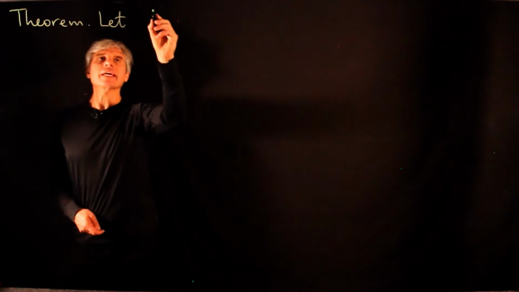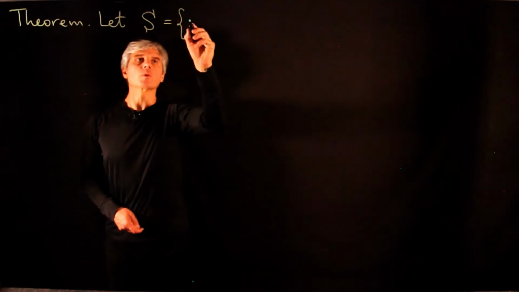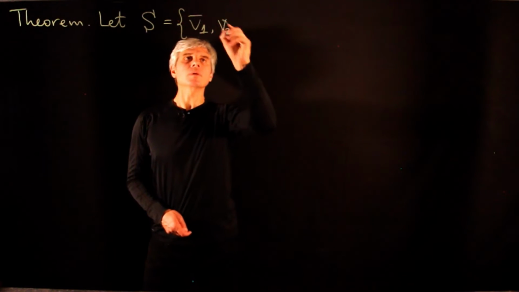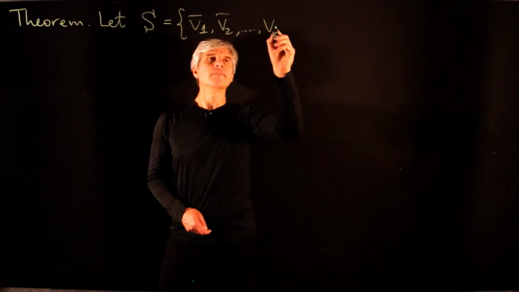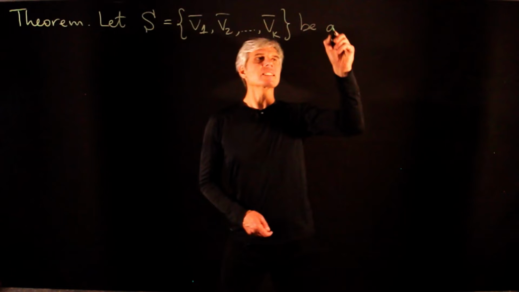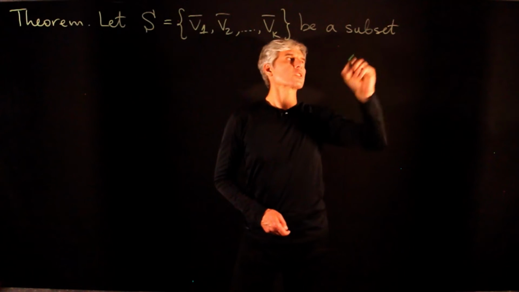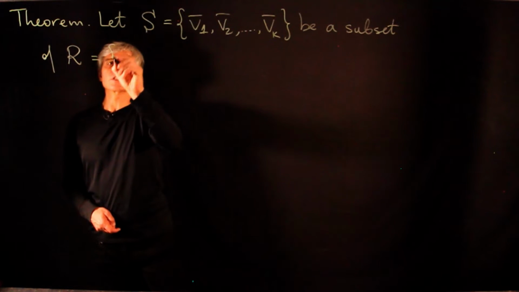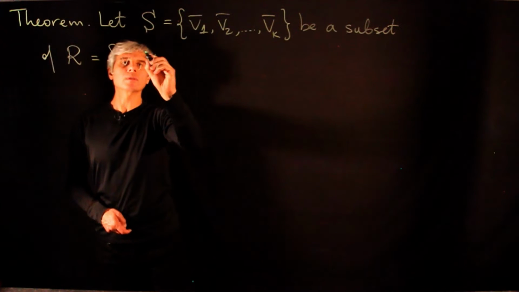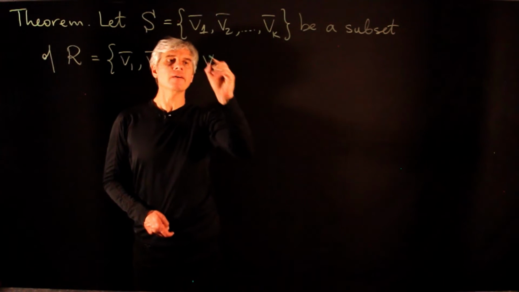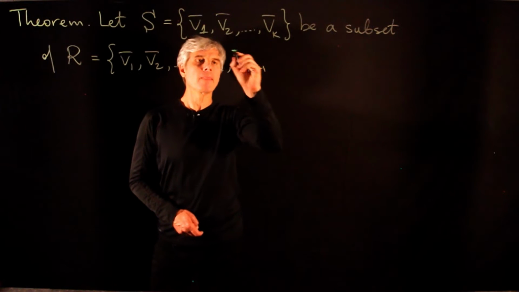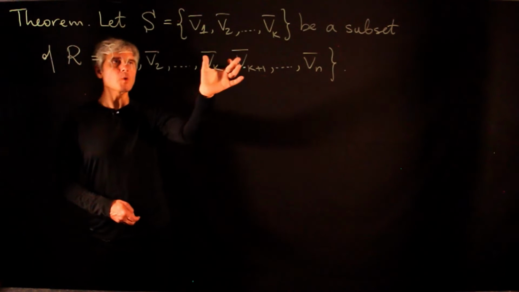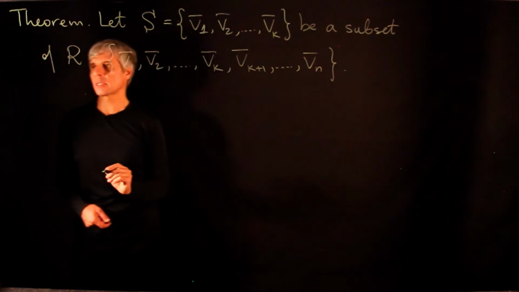Let S, being the set of vectors V1, V2, up to Vk, be a subset of a larger set of vectors R, which is V1, V2, up to Vk, and then Vk plus 1, up to Vn. So this is our setup. We have a smaller set of vectors and a larger set of vectors.